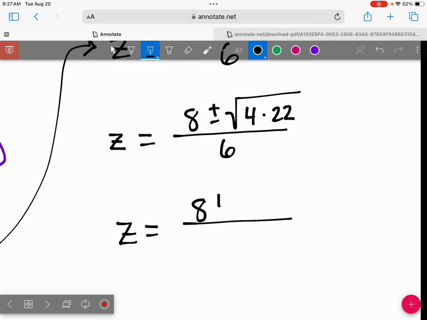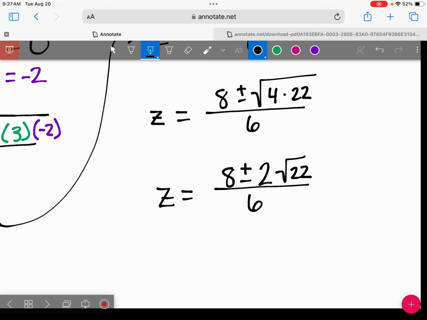So the reason we do that is to get this into simplified radical form. 8 plus or minus, what's my simplified radical form? 2 square root of 22 over 6. Is there more simplification we can do? Yes. Look at your coefficients. Treat this guy like a variable.